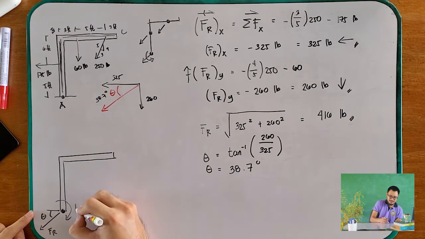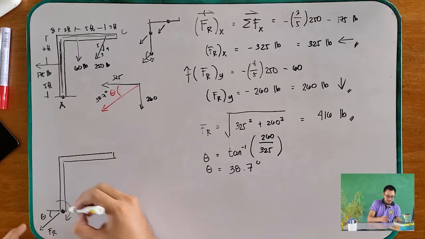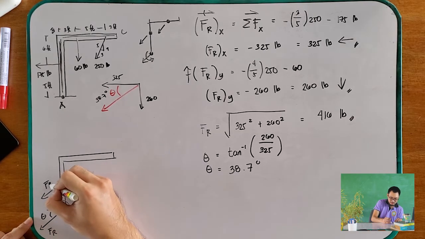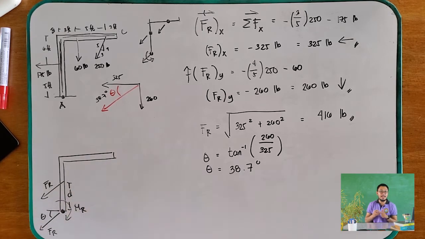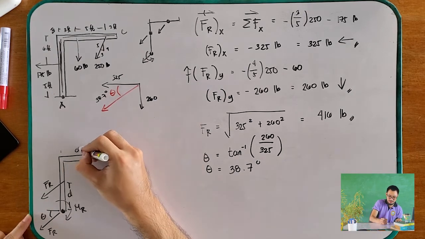So, this is your MR. But since we are further simplifying, instead of having your MR, we will move your FR along the bar to have that D, and another D. Understood? Don't be confused.